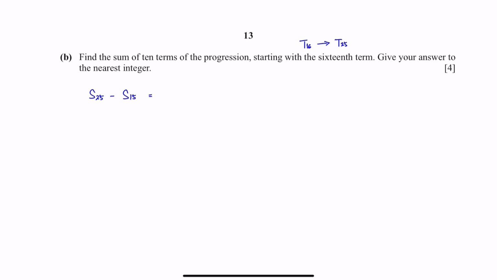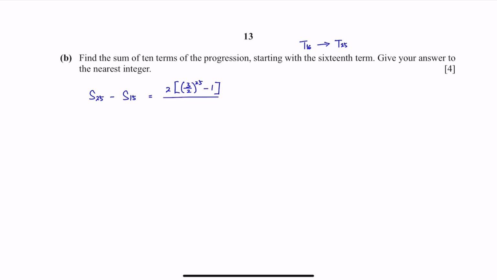So now we just sub the values into the formula. 2 times, r would be 3 over 2, to the power of 25 minus 1 over 3 over 2 minus 1, minus 2 times 3 over 2 to the power of 15 minus 1 over 3 over 2 minus 1.